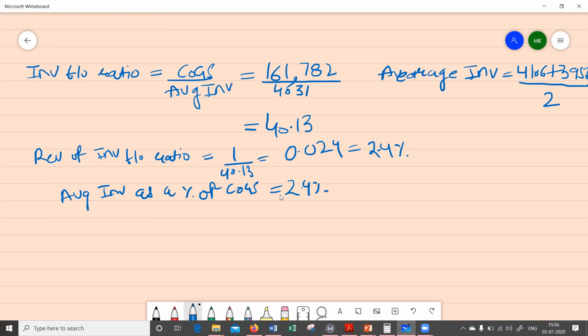Now, the average inventory, which is 2.4% with respect to the amount of goods that Apple is selling, is quite less. It seems to be quite less. But we're absolutely okay if this percentage or this ratio is equal to that of the industry's ratio.